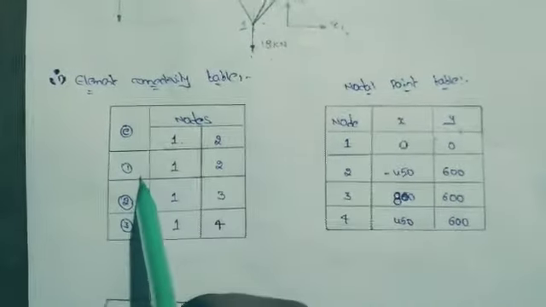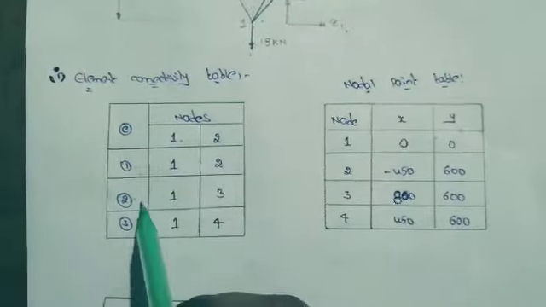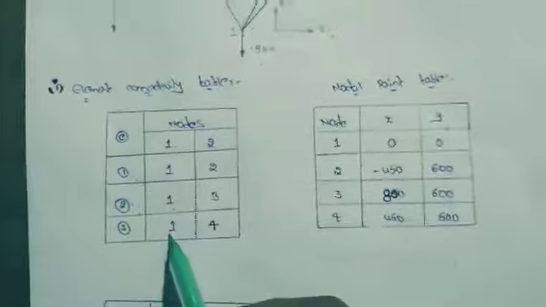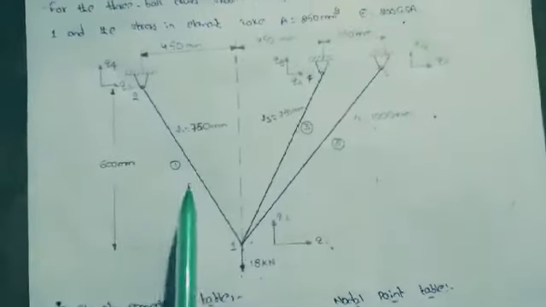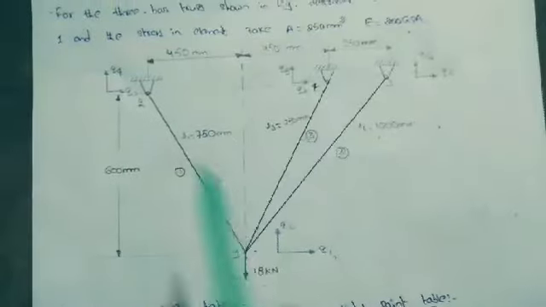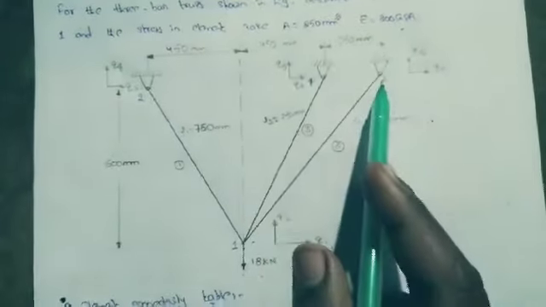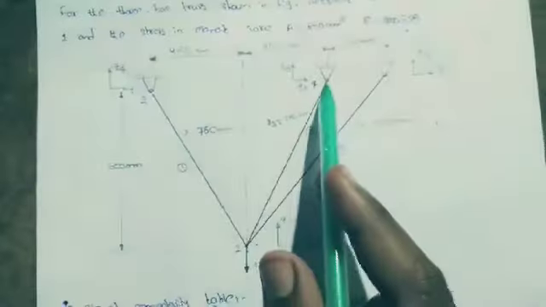For the first element, the starting node is 1 and the ending node is 2. Similarly, for the second element the starting node is 1 and the ending node is 3. For the third element, the starting node is 1 and the ending node is 4.